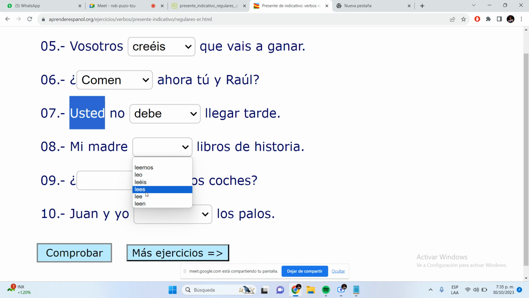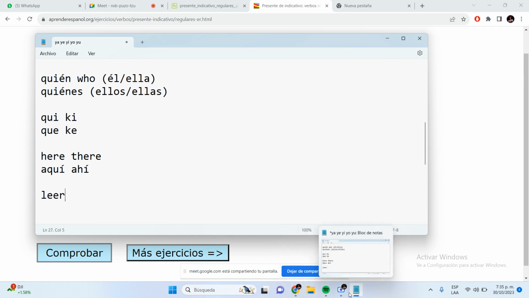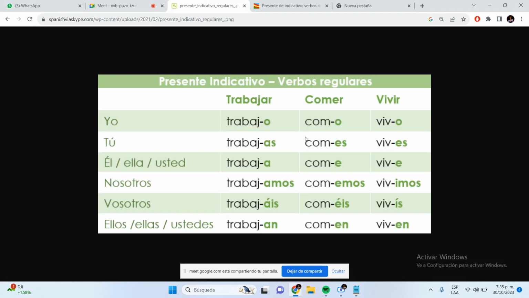For ella is like the same as for tú, but without the s. Because see, the verb is leer, right? So I know for ER verbs, if I'm talking about ella, I'm going to replace the er with e. So it would be lee. See, we replace the er with the e for ella.